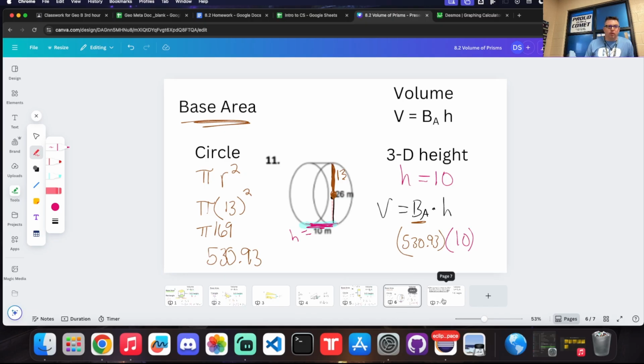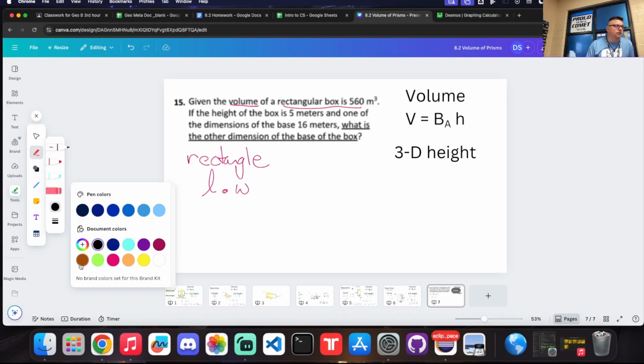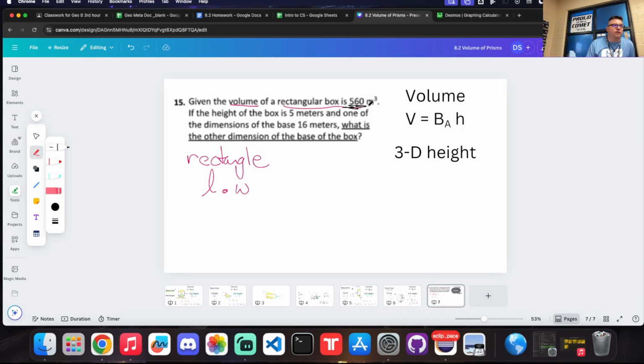Okay, last one. Let's look at the story problems real quick. This is number 15. So number 15, we have the volume of a rectangular box. So we know we have a rectangle. Our base area is length times width. It is literally giving us the volume.